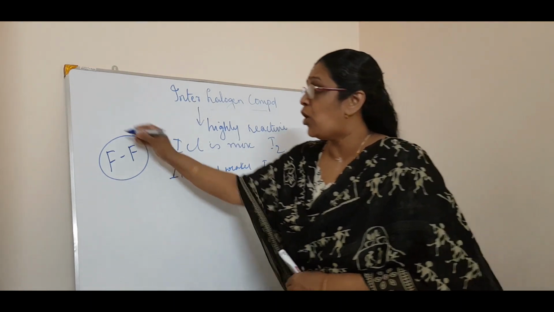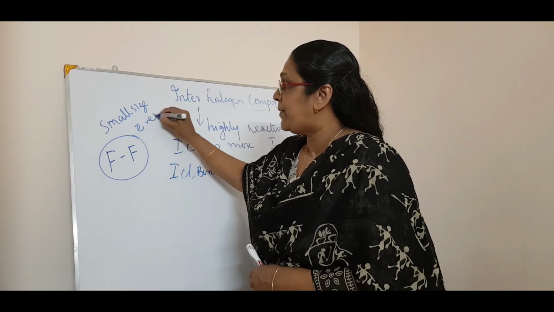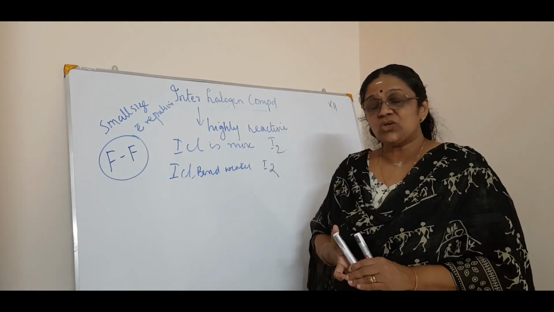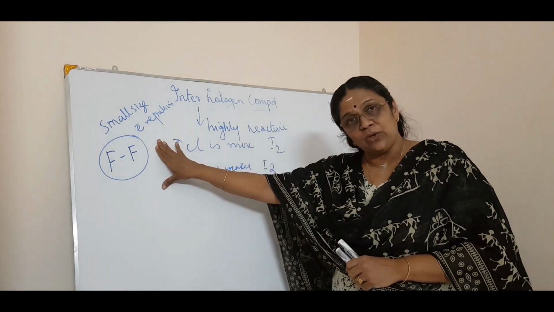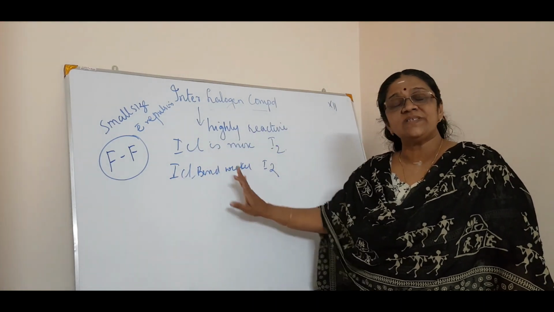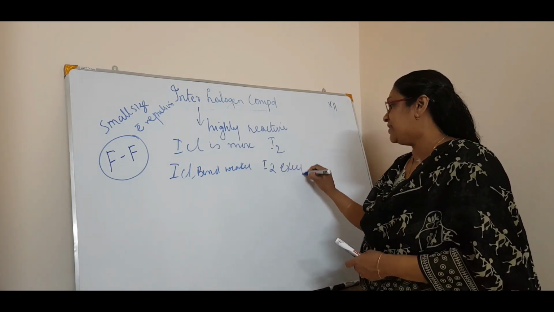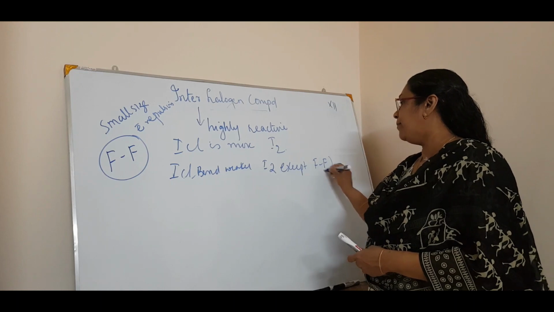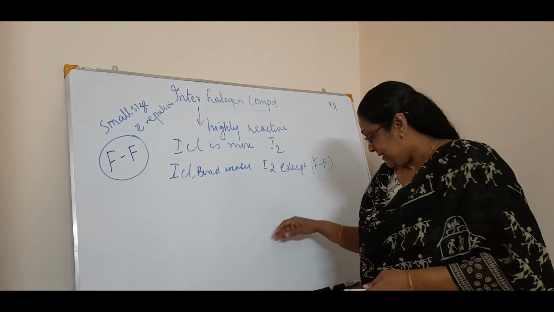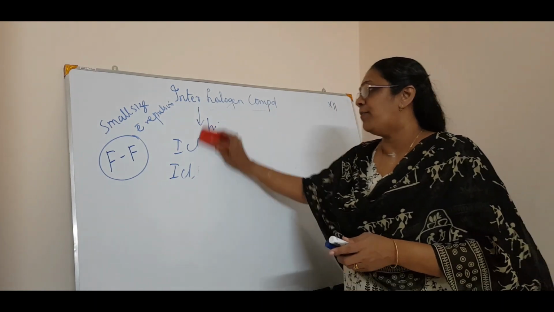Due to the small size and the electron repulsion between the p orbitals of the fluorine atoms. So the exception is the fluorine molecule, but for all the rest, interhalogen compounds are more reactive than halogens, except fluorine. Got it? So these are some of the examples of interhalogen compounds.